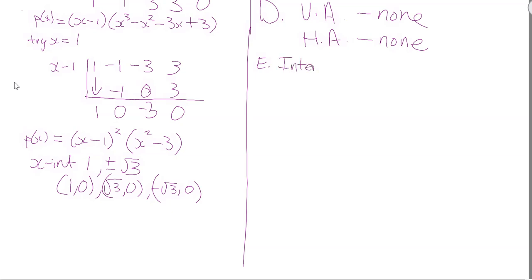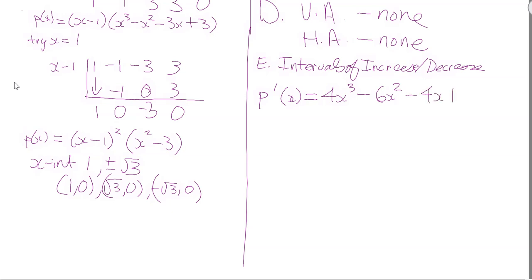Intervals of increase and decrease. So now it's on the first derivative, which is P prime of x equals 4x cubed minus 6x squared minus 4x plus 6.